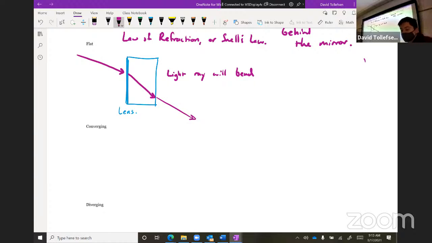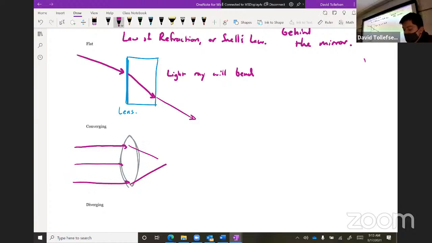For a converging lens, any of the light coming in is going to bend towards the focus point.